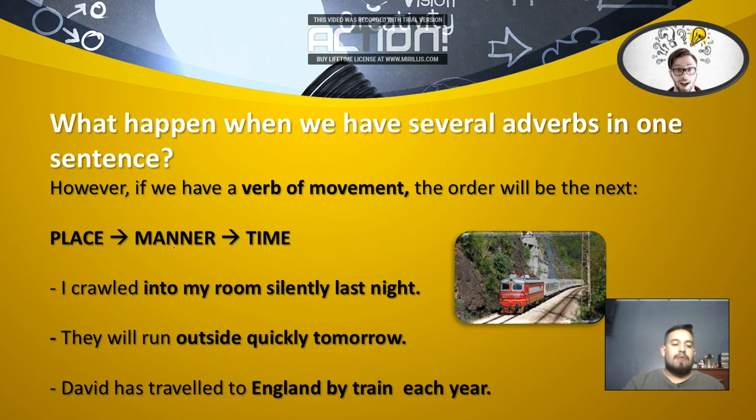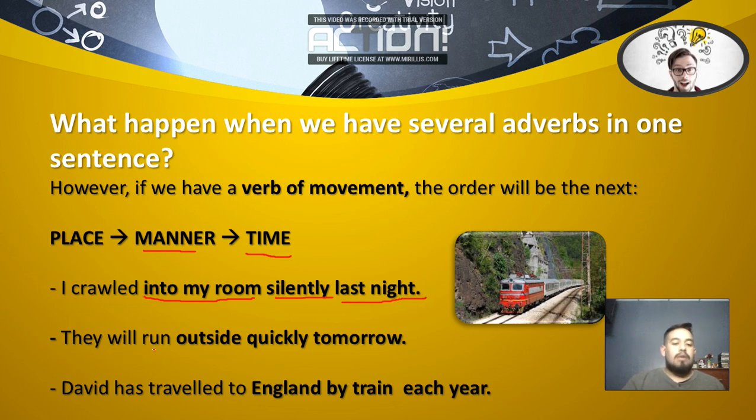Then we have to place the adverb of manner, and finally our adverb of time. An example: I crawled into my room. First of all, into my room is my adverb of place. Silently, my adverb of manner, and last night, my adverb of time.